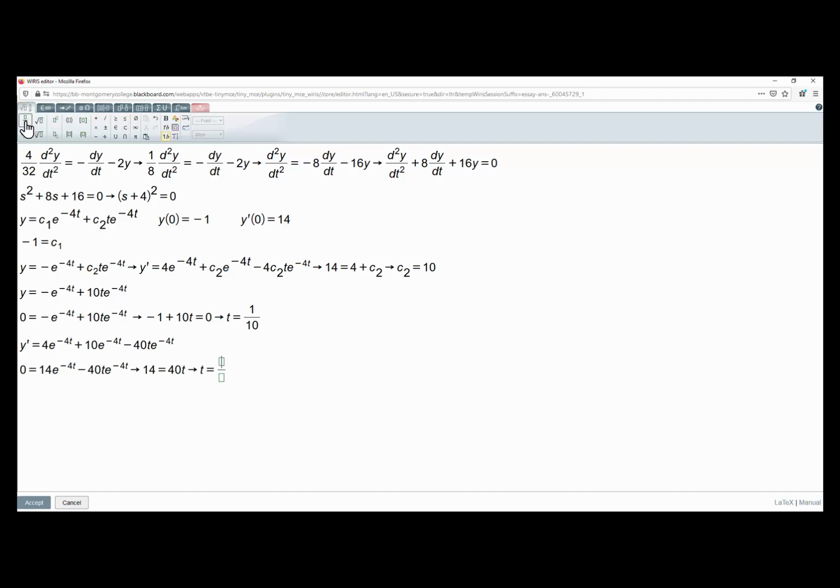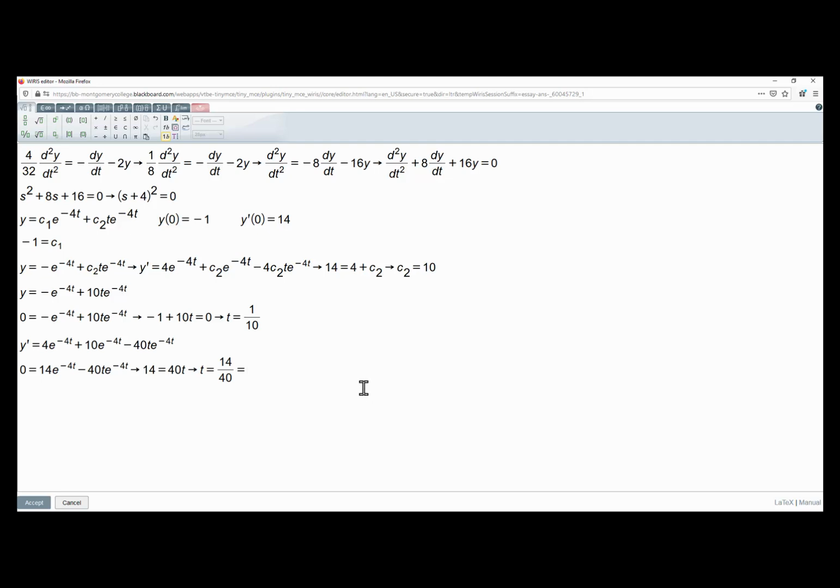and that gives us t equals 14 over 40, right? So 14 over 40, all right, and then we can change it to the decimal by using our calculator, or we can just do it directly. We know it is how much?